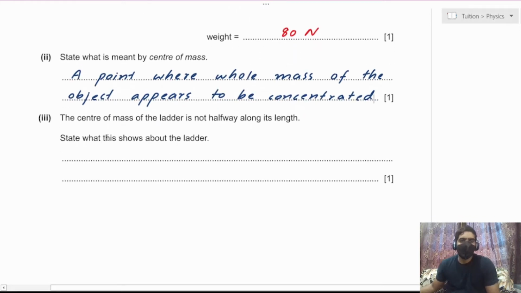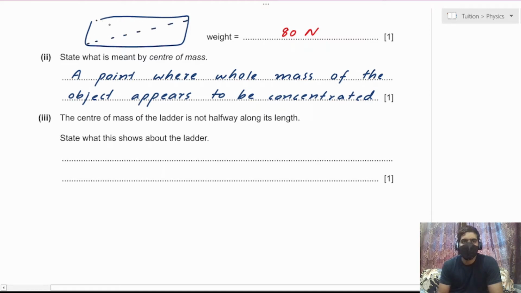All right, and generally the center of mass of a uniform object is physically the center of it. So if that is a uniform meter rule, then the center of mass would be at the midpoint, right?